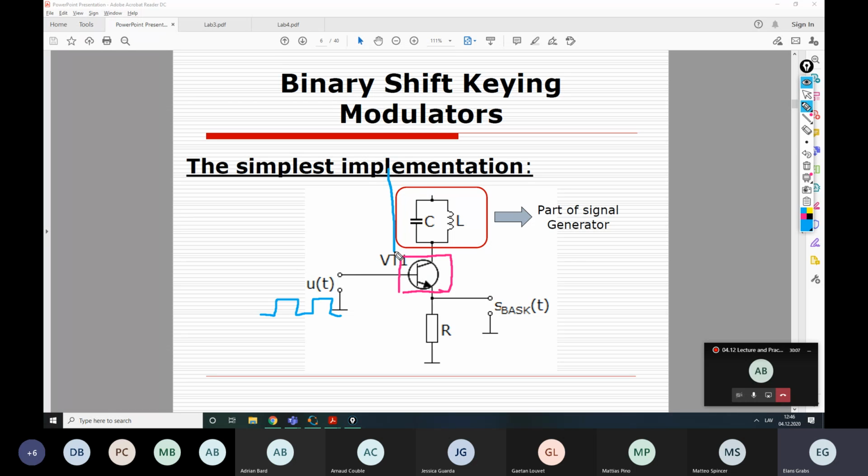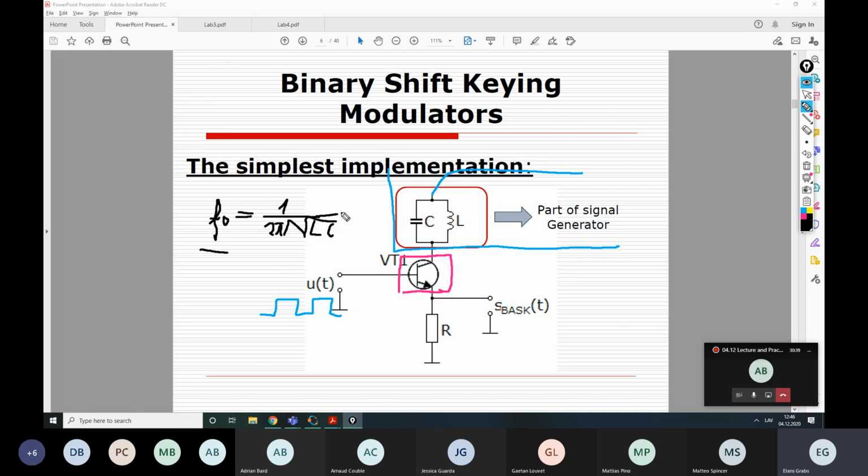So you can imagine that here we have some generator, and this resonance contour is just a part of this generator, which generates the signal with the required frequency. You maybe know that the resonance frequency depends on the values of these 2 elements. That would be 1 over the square root of LC, right?